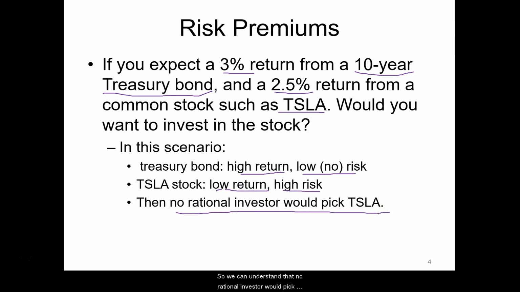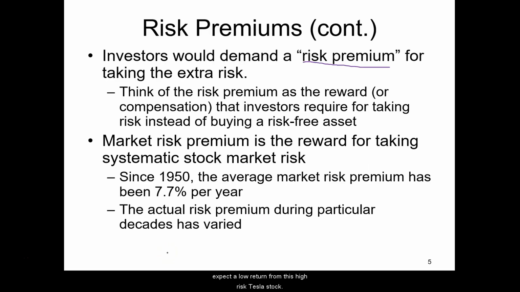So we can understand that no rational investor would pick Tesla, or would be willing to invest in Tesla stock, if they expect a low return from this high-risk Tesla stock. So what does this tell us?